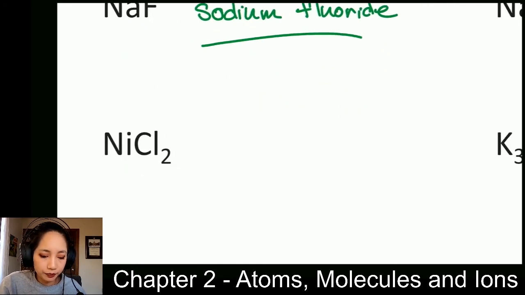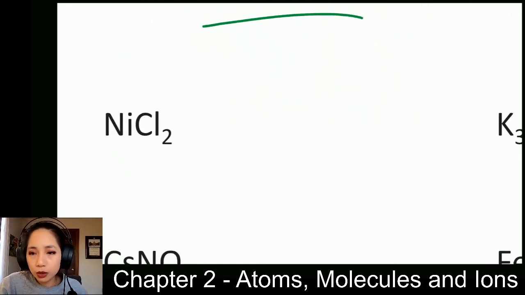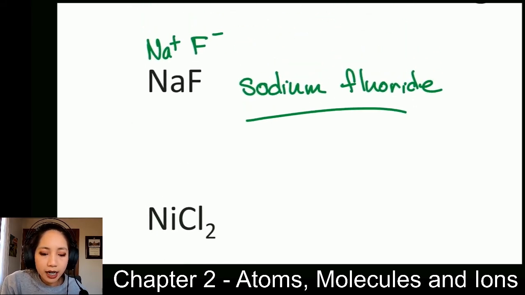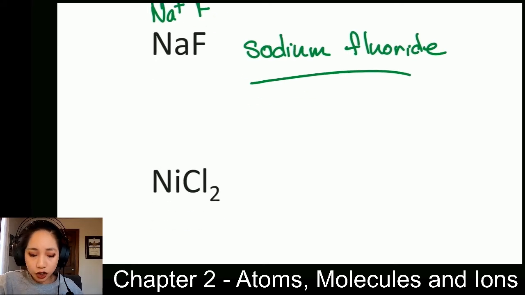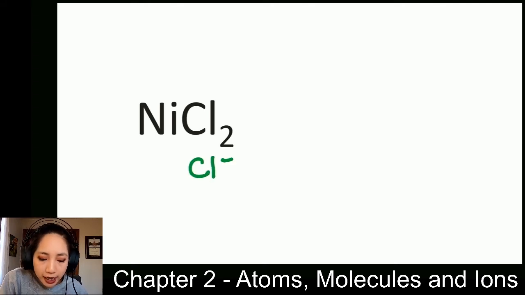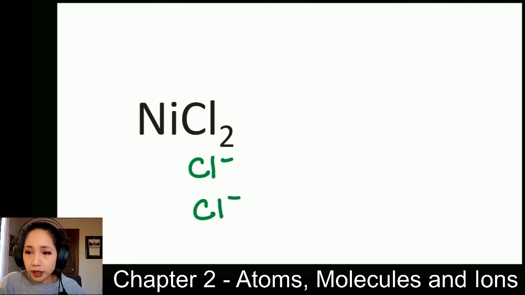Okay, the next one. So nickel and 2 chlorines. So this is where the process of identifying the charges that make up the ionic compound is a really useful skill, particularly when naming ionic compounds that have transition metals. Because here we have nickel, and then we have 2 chlorine anions. So chlorine as an anion, remember, is Cl minus to make chloride.